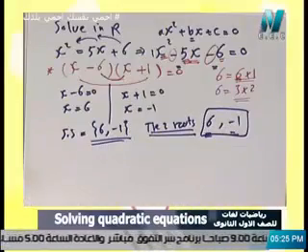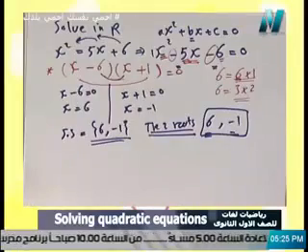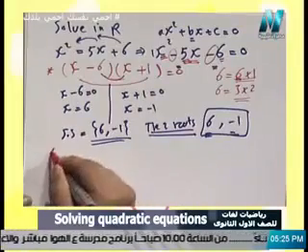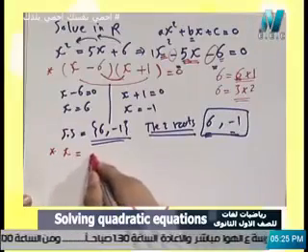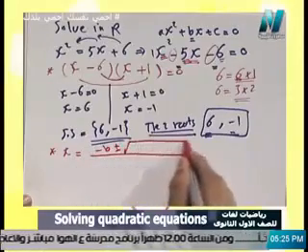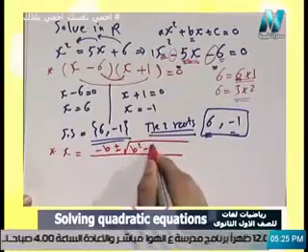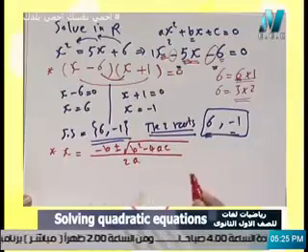We have the method of factorization. And if we use the second method, which is the general formula, as we know, x equals negative b, plus or minus the square root of b^2 minus 4ac, over 2a.